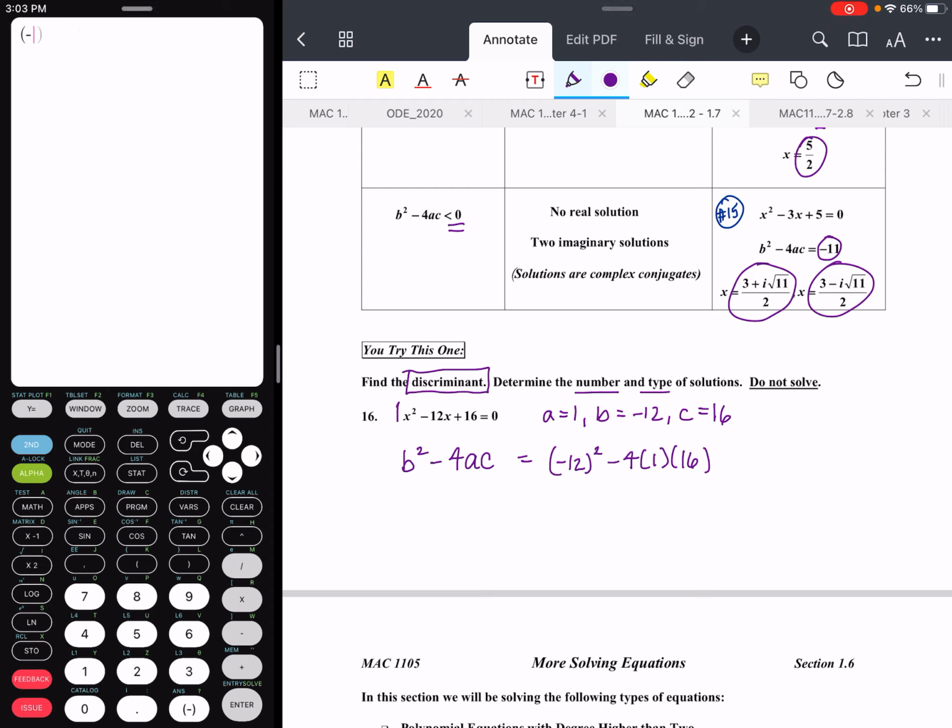So this gives me positive 144 minus 4 times 1 times 16, which gives me 80. So the discriminant equals 80. That's not our solution to the equation, that's not our answer, but the discriminant equals 80.